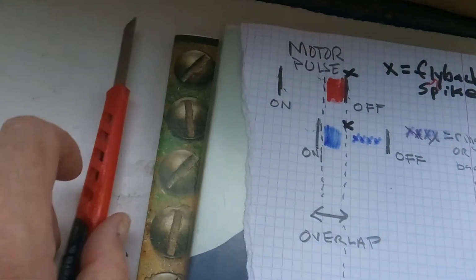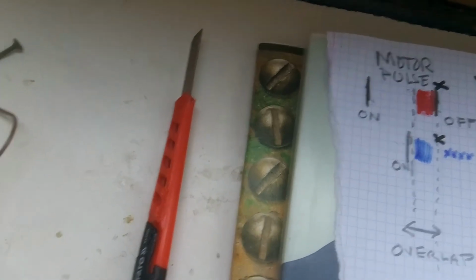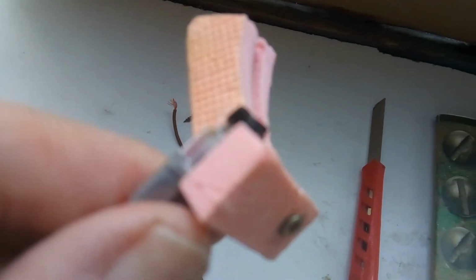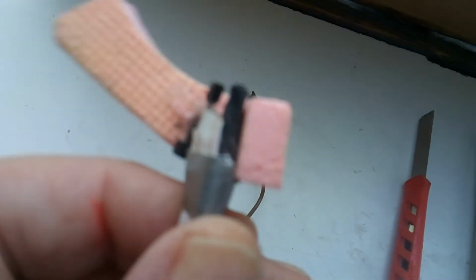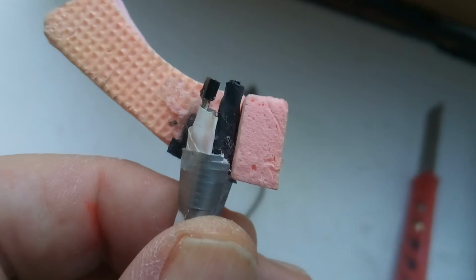Okay, so in real world, here's the two Hall effects. The Hall effect on the left is the motor coil pulse. The Hall effect on the right is the connection to the back EMF.